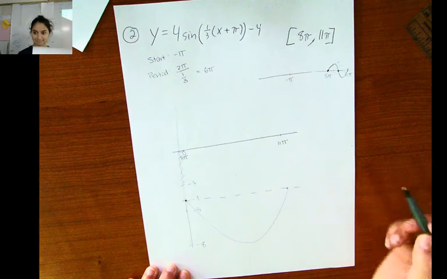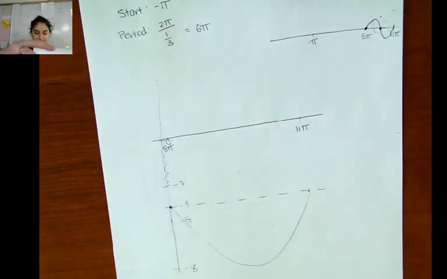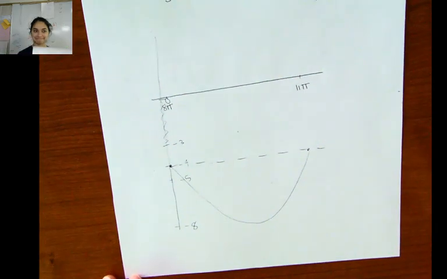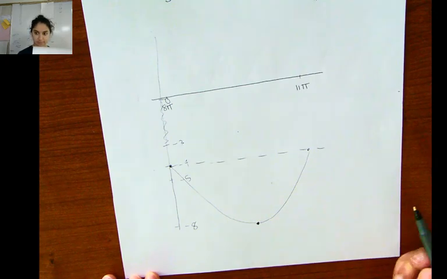All right, now let's zoom in on our final graph. When you think about key points, do we have all the key points we need? Let's add in the middle.